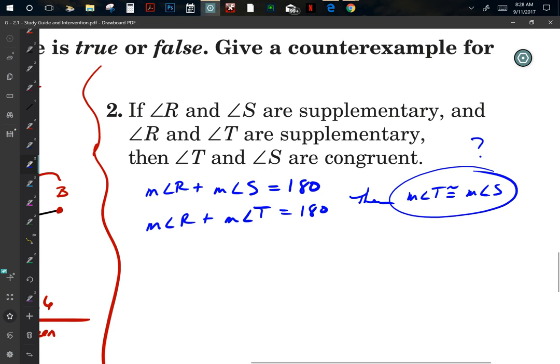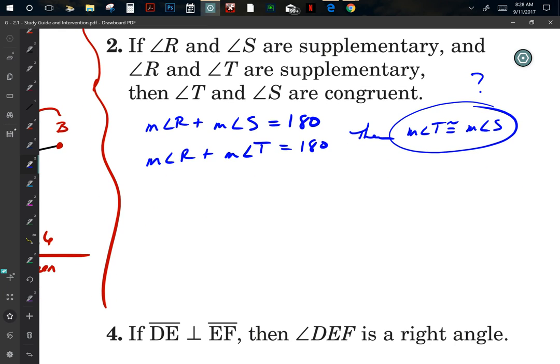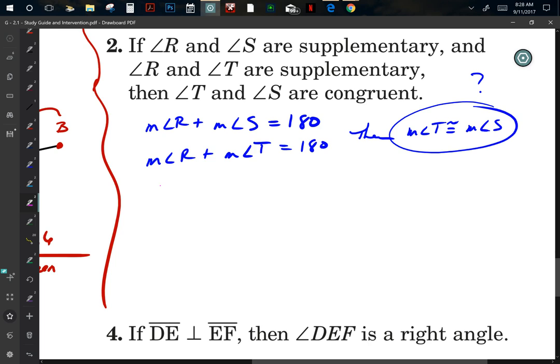Okay, let's say you're confused right here, and it's understandable. Start picking some values. What if R was 60 degrees? What would S be? And what would T be? What would S have to be? 120?